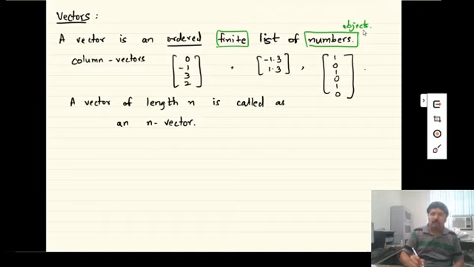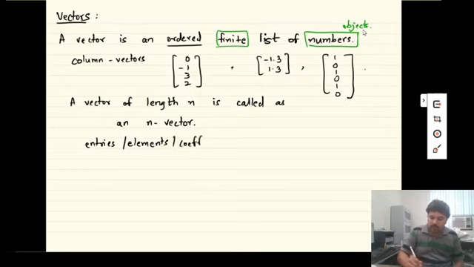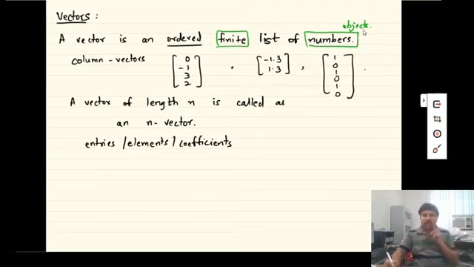So n vector implies that there are n elements or n entries. So each of these numbers that I have written in the list, they are called entries or elements. Entries, elements, coefficients. These are different names for these entries. So this is what we have, n vectors.